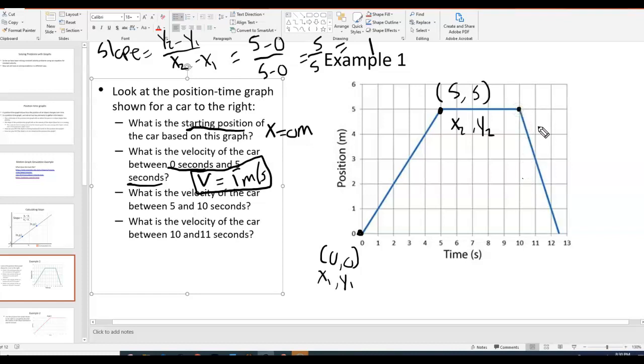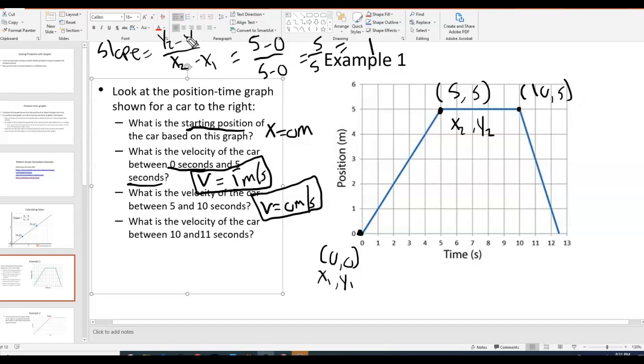Now we saw this before, but if the position is horizontal, if the position is not changing, that means the object is not moving. And if the object is not moving, then the velocity is 0. If you didn't know that, you would still pick 2 points. Let's say this is (5, 5), and let's say this is (10, 5).